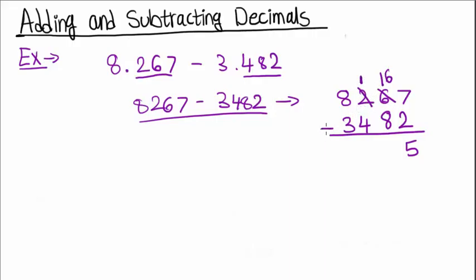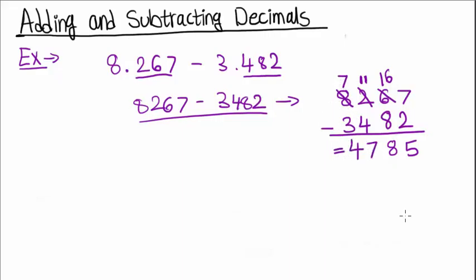So 16 minus 8 will give me an 8. And since 1 minus 4 will again give me a negative number, I need to add 10 to the 1 to give me an 11 and take 1 away from the 8 to give me a 7. So I'll have 11 minus 4, which will give me a 7, and 7 minus 3, which will give me a 4.